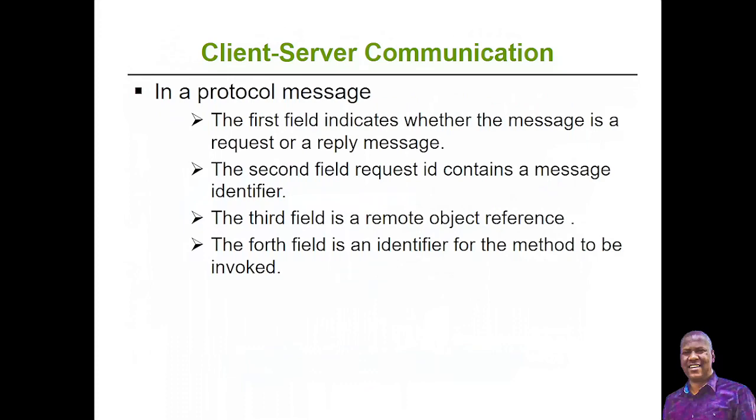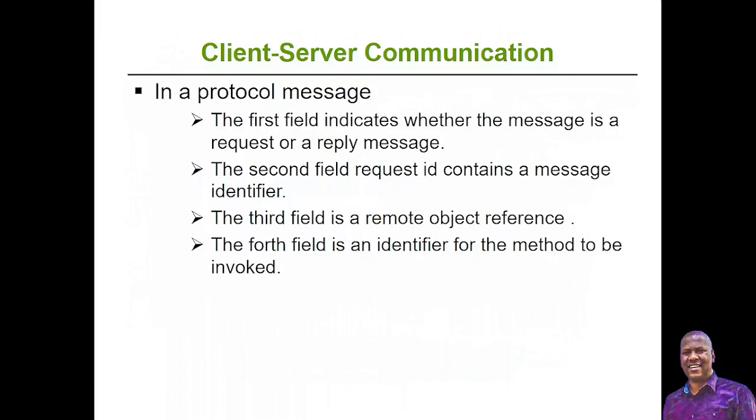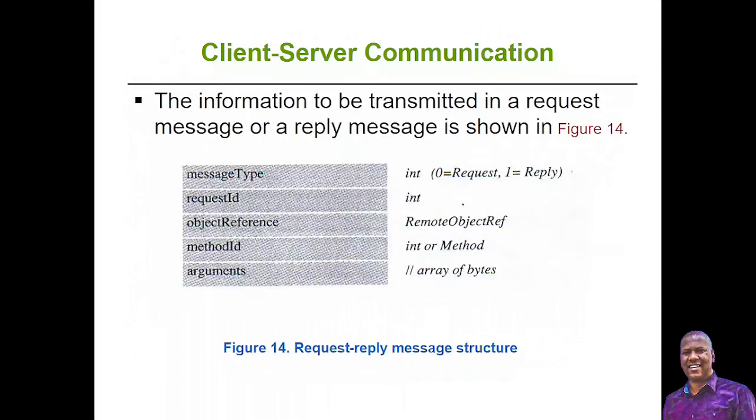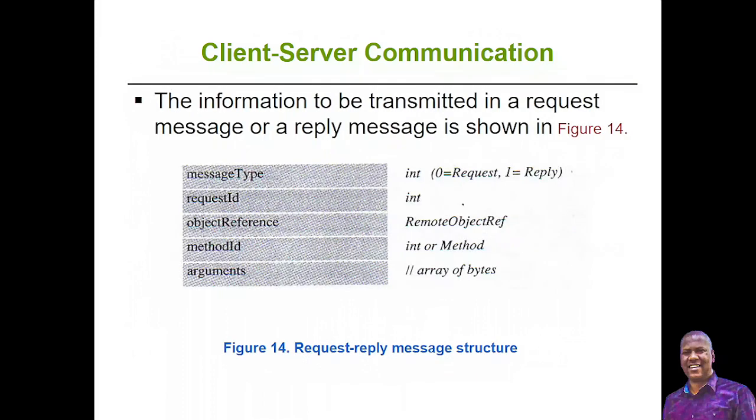So in a protocol message, normally the first field, as you can see from the diagram, is the message type. It indicates whether the message is a request or a reply. The second field indicates the ID of the message, the message identifier. The third field indicates the remote object reference. And the fourth field is an identifier for the method being invoked.